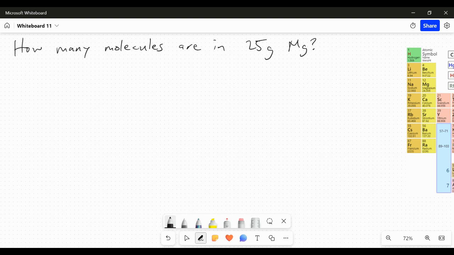Now, the good news is it's not actually all that different. Let me show you. I'm going to start by just writing down what I know. 25 grams of magnesium. Set up my T-chart. Copy my unit down. And now here's my problem. There's no conversion between grams and molecules. So instead, I have to convert it into moles first.